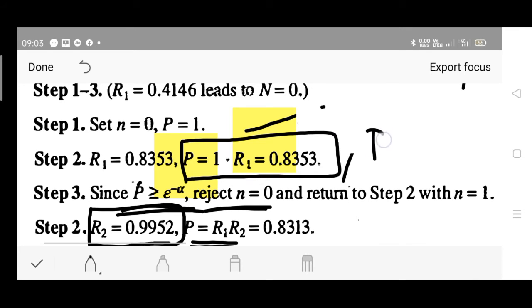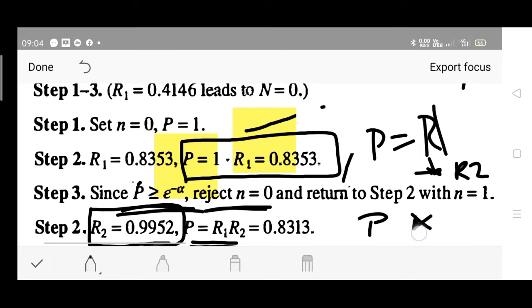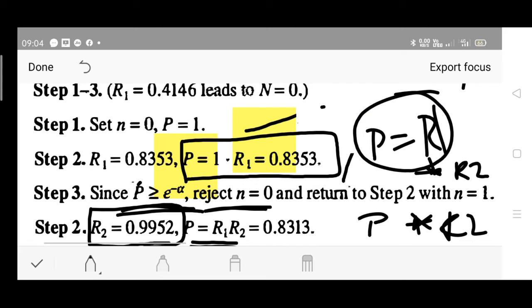So the initial value of p was r1, isn't it? Now you are going to replace it with a new value by multiplying r1 into r2, right? The initial value of p was r1. You are going to multiply it by r2 and update the value of p. That is what we are going to perform over here.